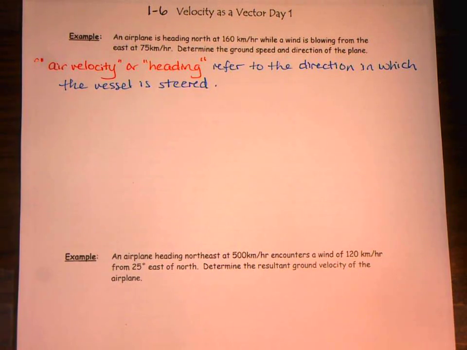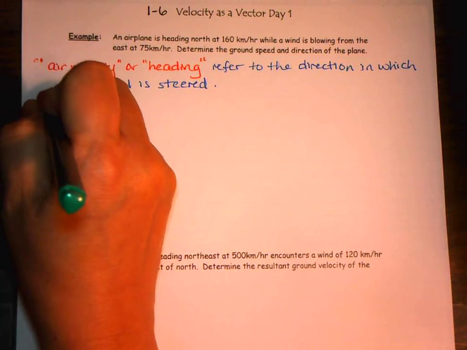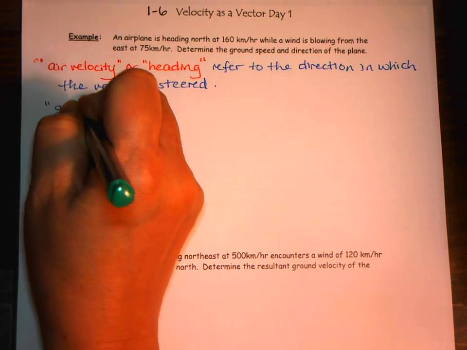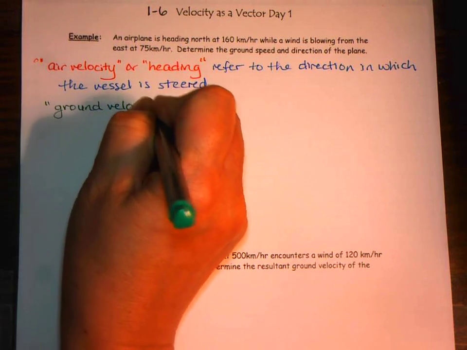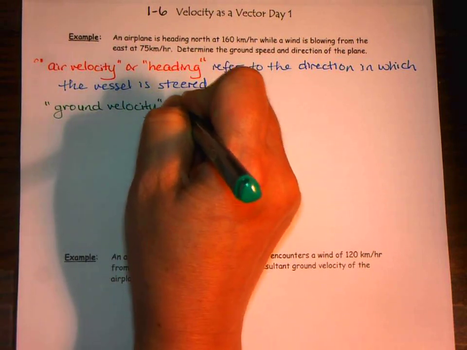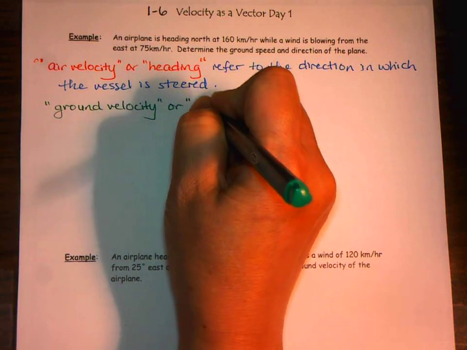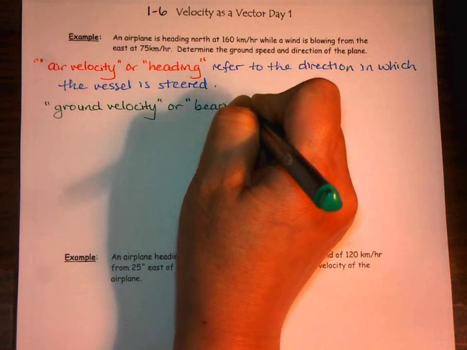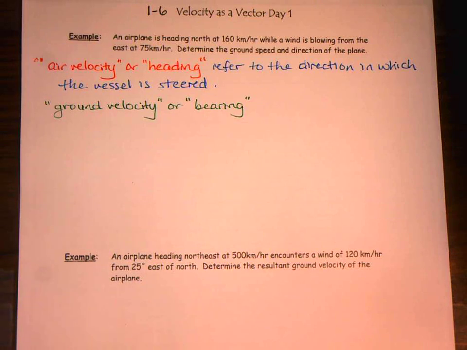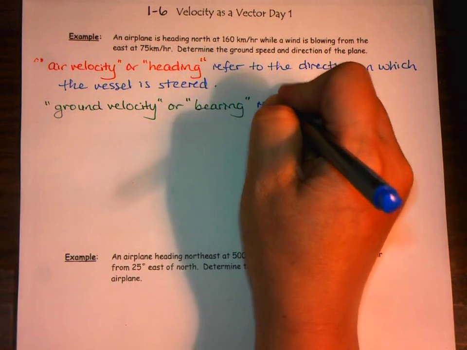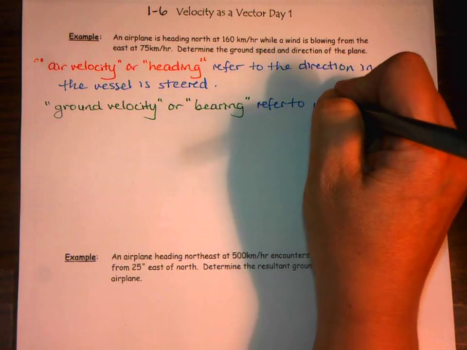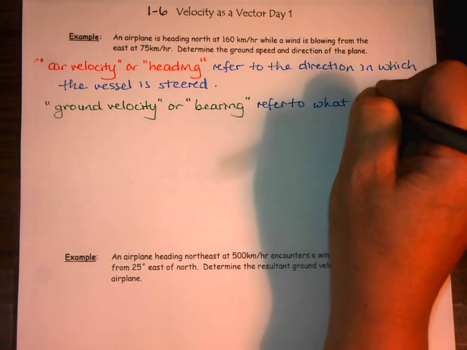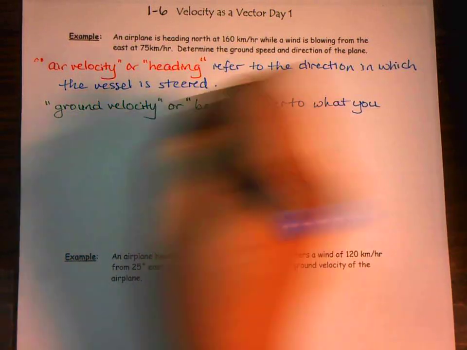And this is different from your ground velocity, or the bearing, which refers to what you actually see.